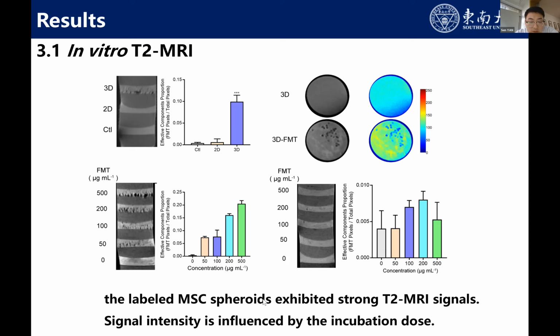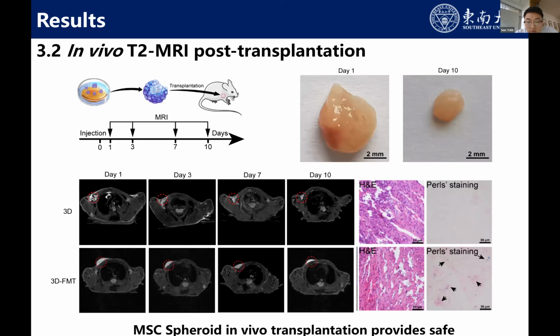So we transplanted magnetic spheroids into mice for MRI tracking on different days and showed T2 signals maintained up to 7 days. Compared to the histological result, transplanted magnetic spheroids cannot be observed after about 10 days. These results confirmed the MRI signals can reflect the retention of spheroids.